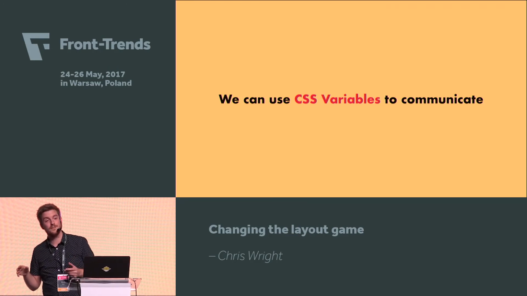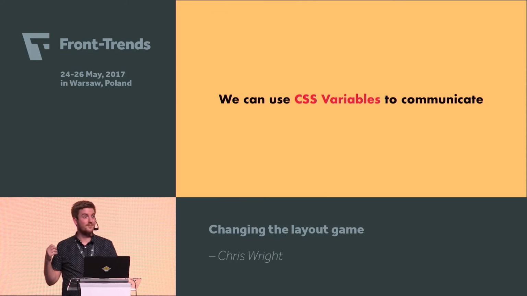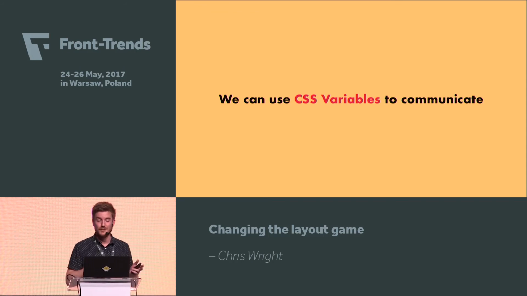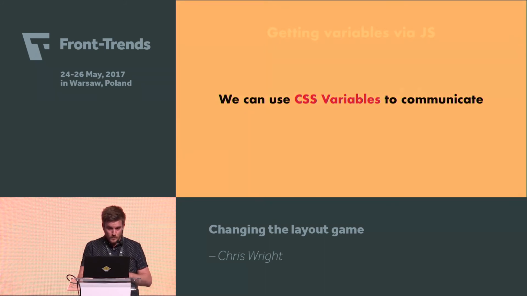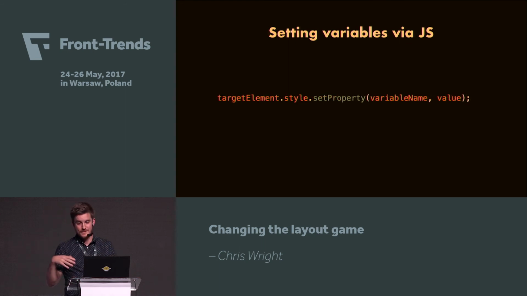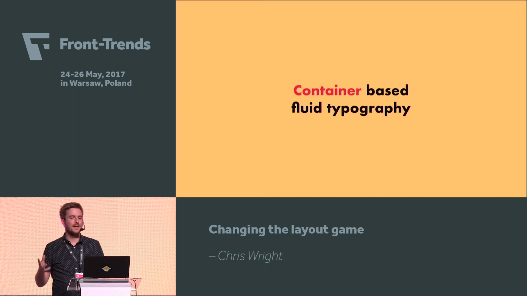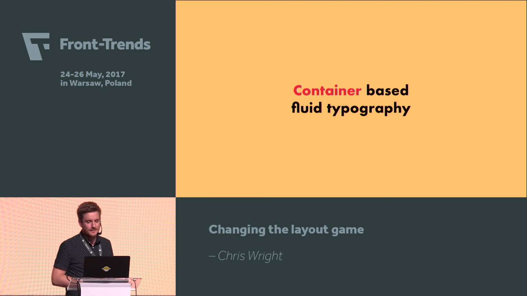They're kind of the perfect tool, I believe, to communicate certain styles between JavaScript and CSS. We can get any particular variable with this line of code. And we can set any variable with this line of code. So what if we wanted to have container-based fluid typography?